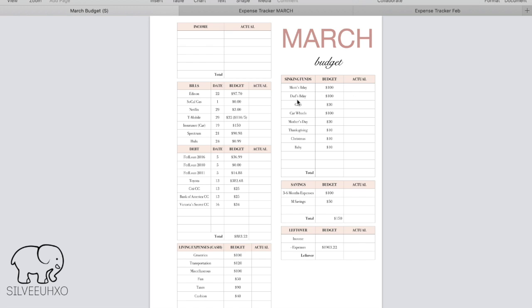So since we're saving in this box for the future, here you see we're saving for Christmas. As of right now, we don't plan on giving any gifts for Christmas, but we may change our mind by the time Christmas rolls around. So instead of worrying and having to spend so much money from those December paychecks or November paychecks, we've decided that it's better to start saving now.